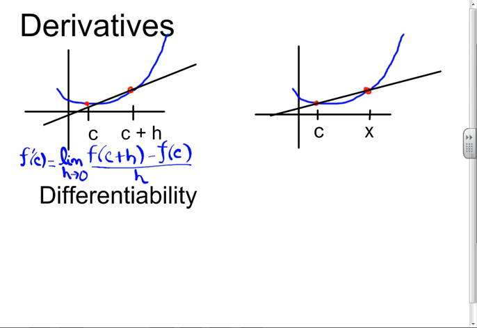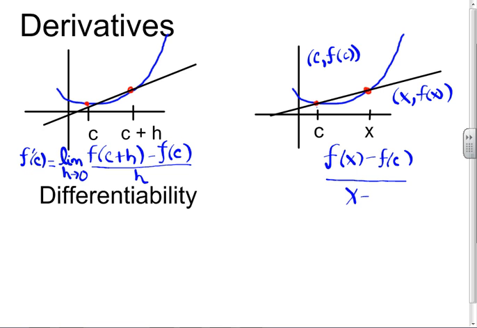If you see a limit that looks like this, and you recognize that as a derivative, then you can use your shortcuts for derivatives. Now, this one's a little different. This is c, f of c. I prefer this one because I actually see slope. So what's the slope between these two points here? f of x minus f of c all over x minus c.